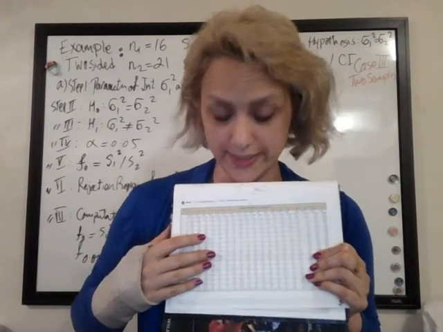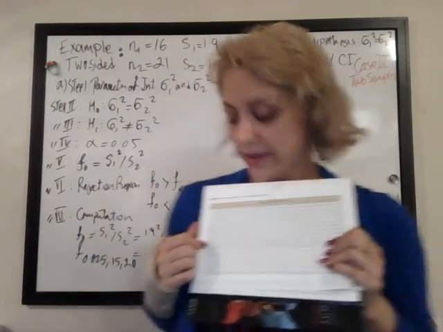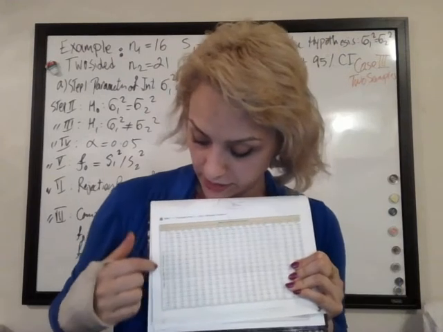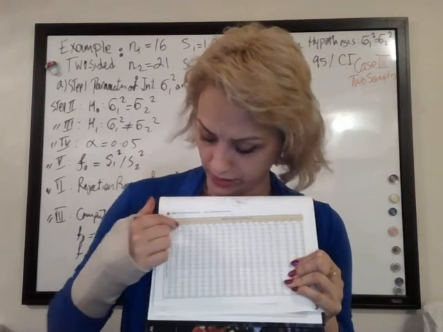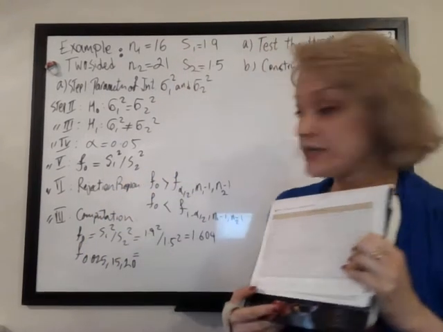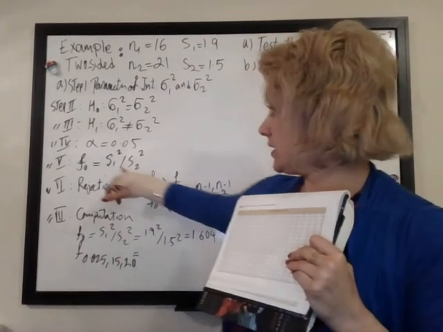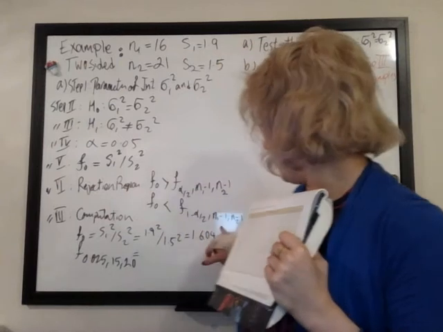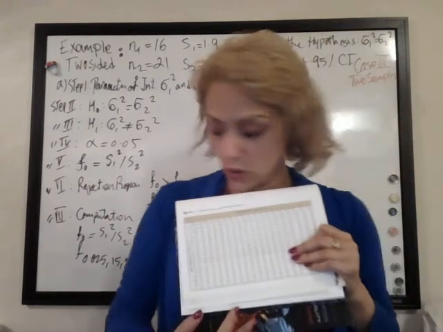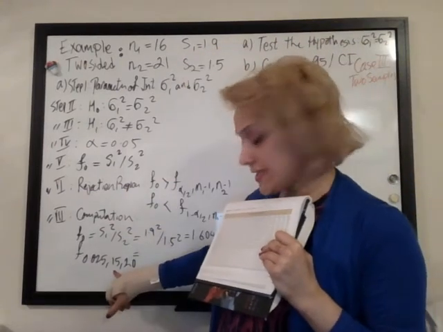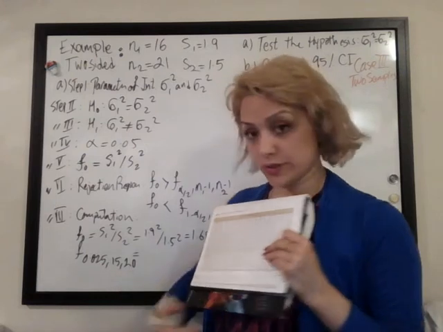So I'm going to work with this F table. On the first column is written degree of freedom for the denominator, and degree of freedom of the numerator. We just need to be very careful that n1 is for the numerator and n2 is for the denominator. So in fact, this 15 is for the numerator and this 20 is for the denominator.